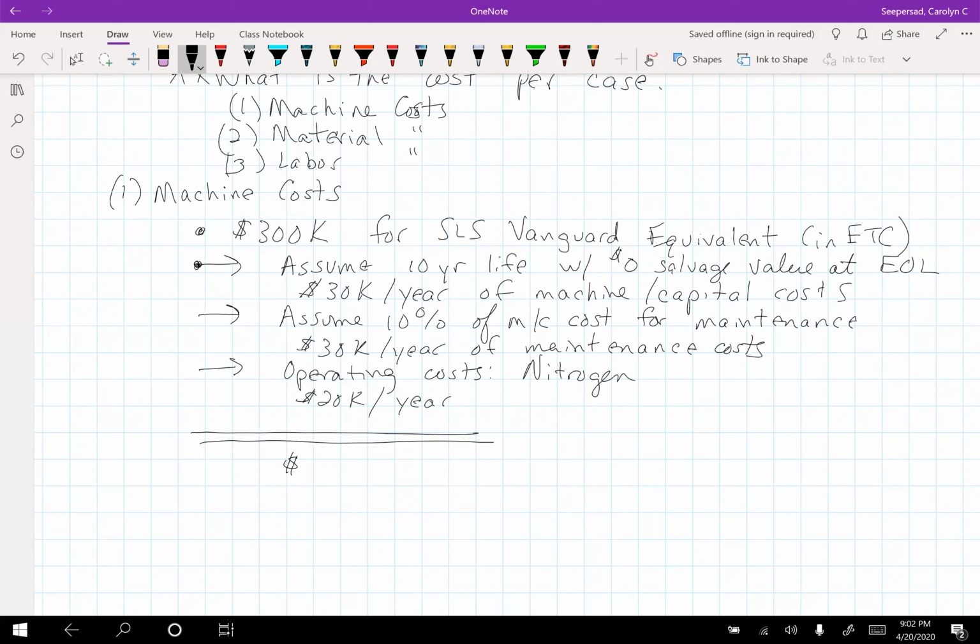We've got 30K per year for the machine itself, because we've got a $300,000 machine with a 10-year life. So 300 divided by 10 is 30, if we assume no salvage value at the end of life. And then we've got 30K per year in machine maintenance cost, another 20K in operating costs for running it a lot. And so that's going to be 80K per year total machine costs.